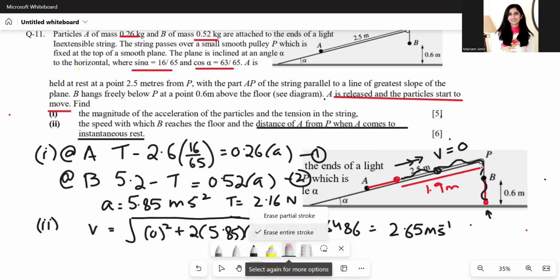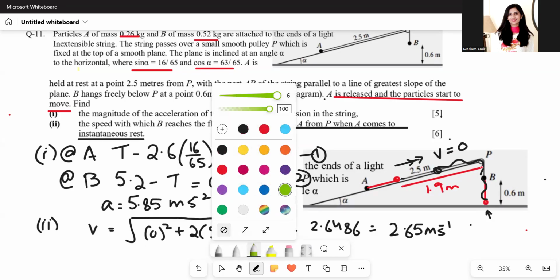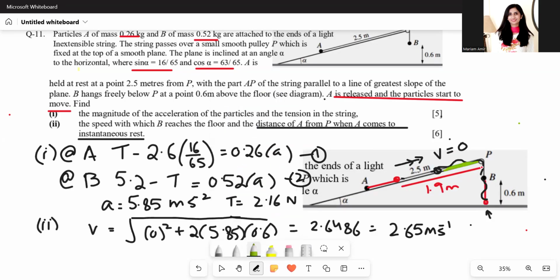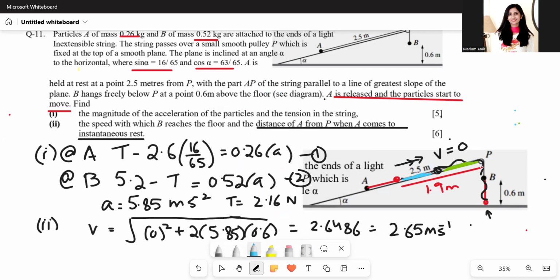We need to find the distance between the final position of A and P. For that, we find the blue distance and subtract it from 1.9 to get the green distance.